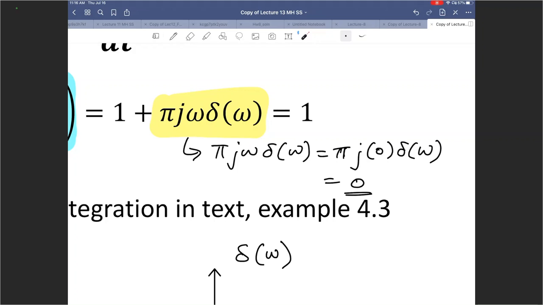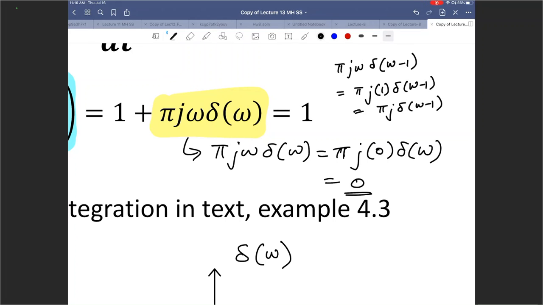For example, if you had pi j omega delta of omega minus 1, this would equal pi j 1 delta of omega minus 1, which would equal pi j delta of omega minus 1. However, over here, the impulse is present at omega equals 0, so you need to evaluate with respect to omega equals 0.